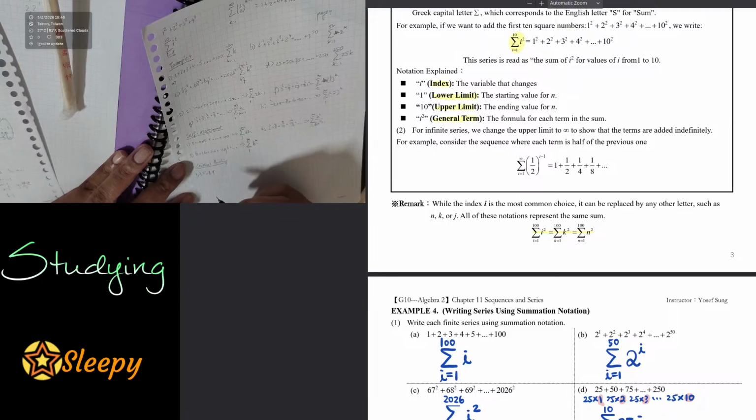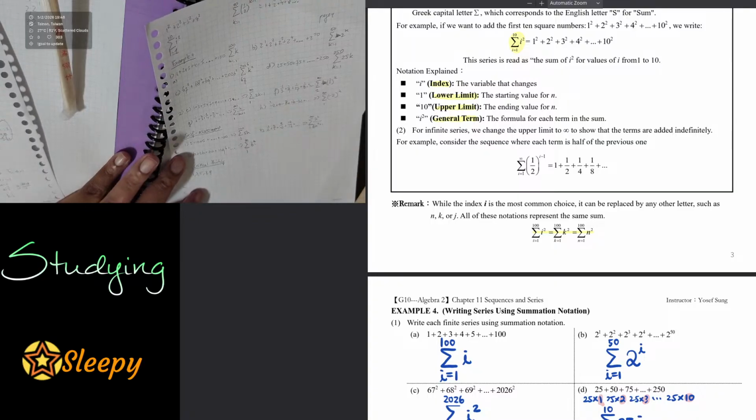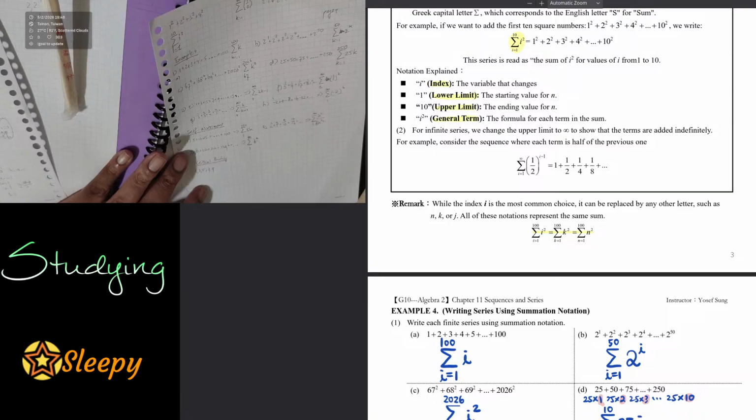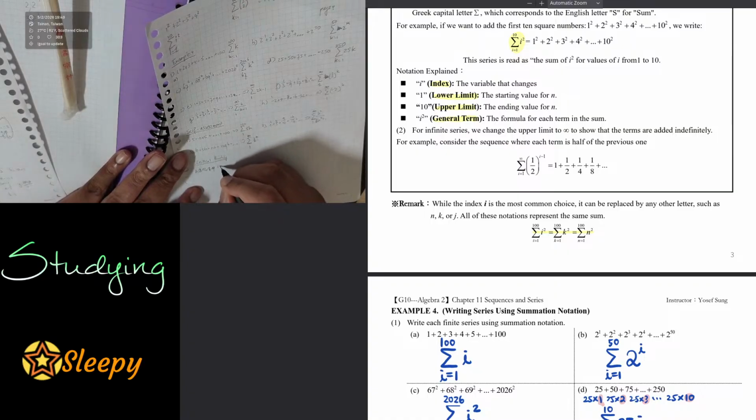So what is the series? Why is 99 there? 1 plus 3 plus 5 plus 7 plus 9.